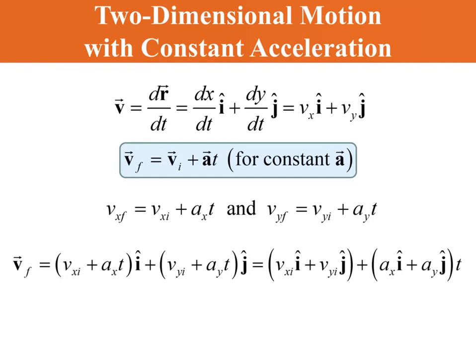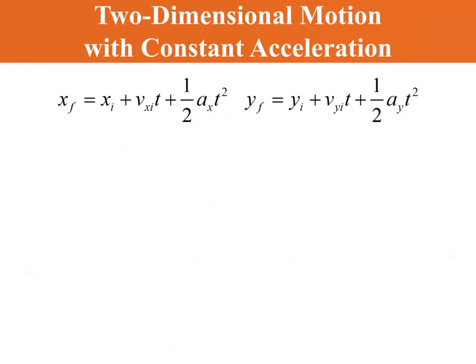In terms of distance, we have another equation, where delta x equals vxi t plus half ax t squared.